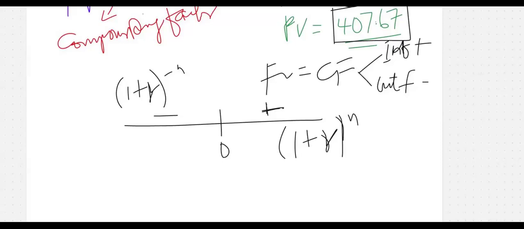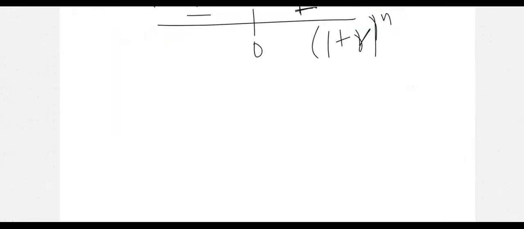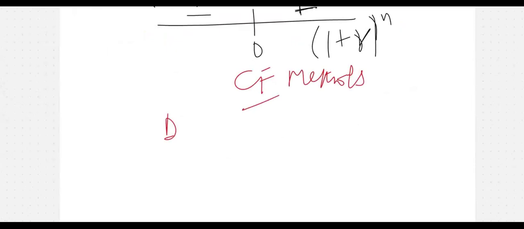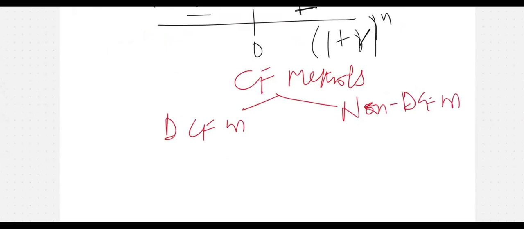Why do we need to understand this? It comes back to what we started to do. The cash flow methods are two. We have the discounted cash flow methods and we have the non-discounted cash flow methods. And we wrote the NPV here.